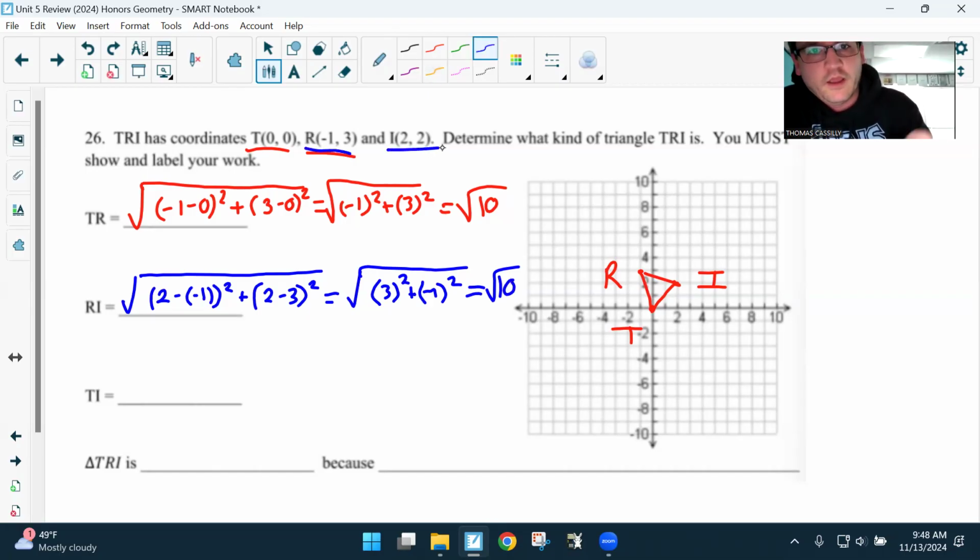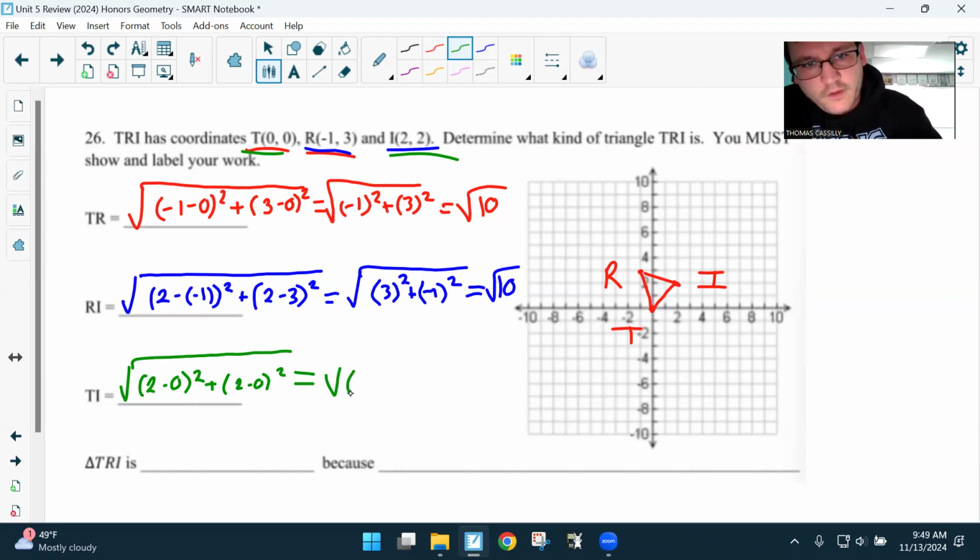So that blue was R and I, so the last one is going to be T and I. We have the square root of x2 minus x1, 2 minus 0 squared, plus another 2 minus 0 squared. So that's kind of nice. That is the square root of 2 squared plus 2 squared. That's 4 plus 4 is 8. That's the square root of 8, which equals 2 square root of 2.